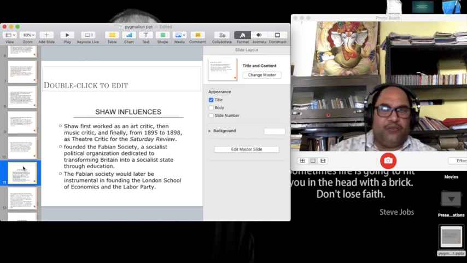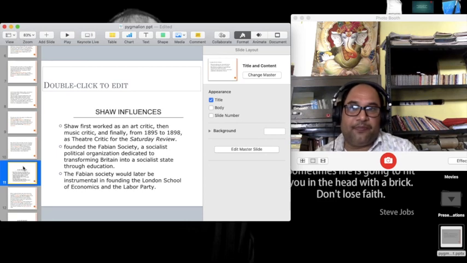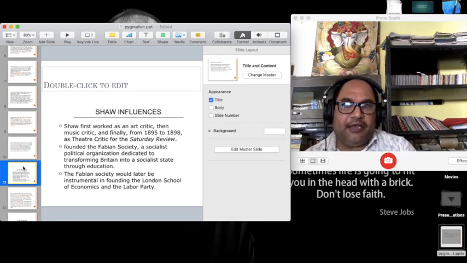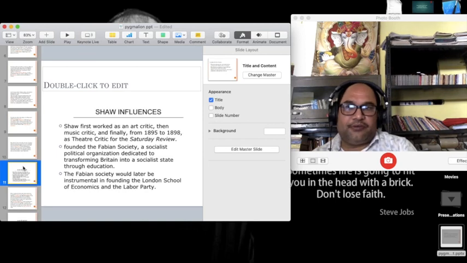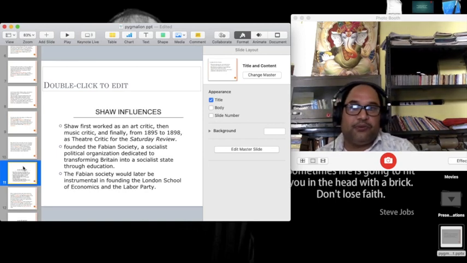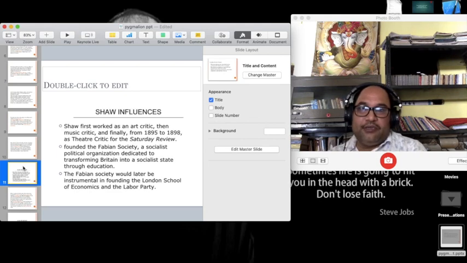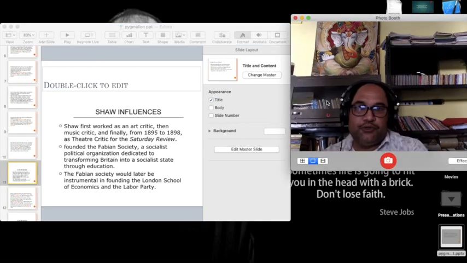Shaw first worked as an art critic, then music critic, and finally from 1895 to 1898 as theatre critic for the Saturday Review. He also founded the Fabian Society, a socialist political organization dedicated to transforming Britain into a socialist state through education.